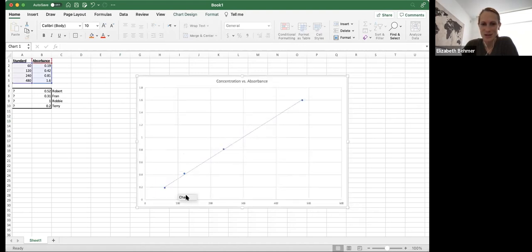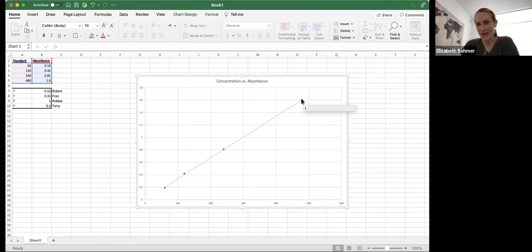Around 120, we have another point that absorbed about 0.42 of light. Here's our third point of about 240 concentration, absorbing about 0.81 of light. And then our next control point was at about 480 in concentration of the standard, and that absorbed about 1.6 of light.